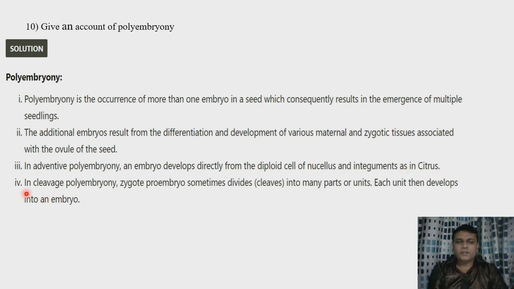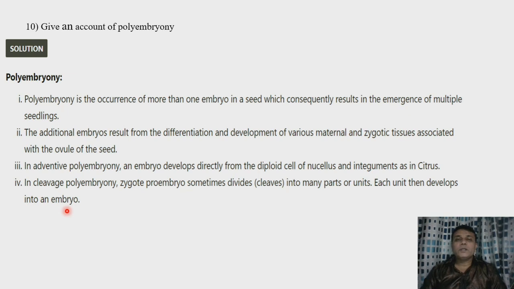Then the next point is cleavage polyembryony. The zygote proembryo sometimes divides. It is called the process of cleaving, and it forms many parts or units, and each unit then develops into an embryo.